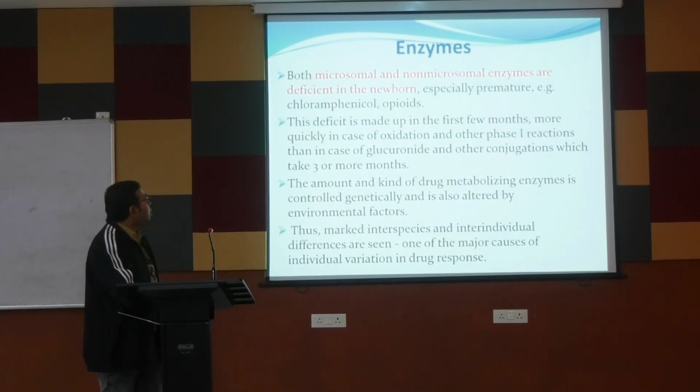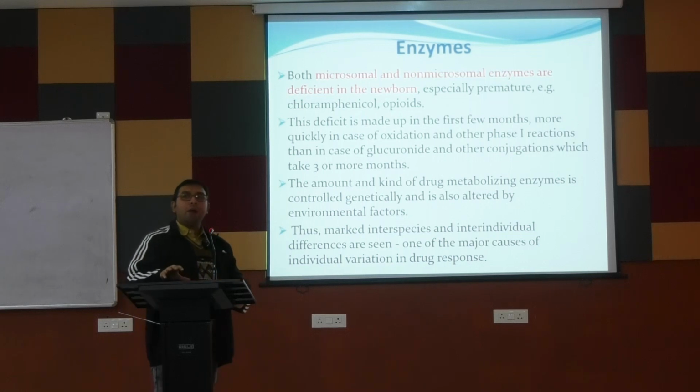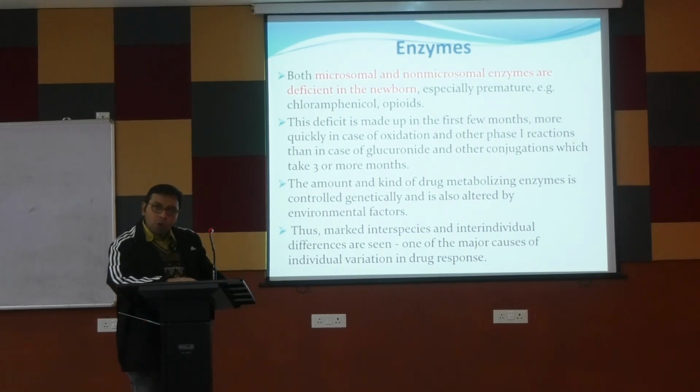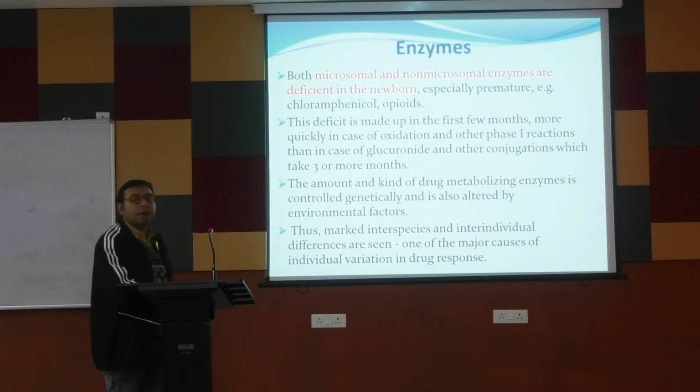Both microsomal and non-microsomal enzymes are deficient in the newborn. So there is variation in the newborns and also in old age. In the newborn, there is a deficiency of these enzymes, especially in premature babies, so drugs like chloramphenicol, opioids, etc. cannot be metabolized.